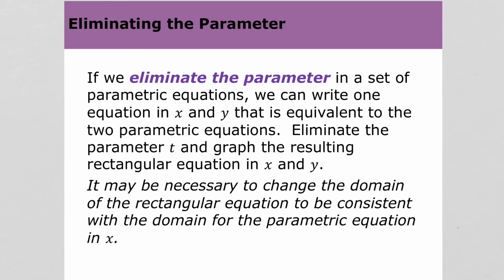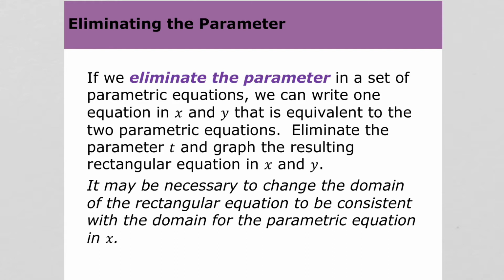Eliminating the parameter: if we eliminate the parameter in a set of parametric equations, we can write one equation in x and y that is equivalent to the two parametric equations. So we're just going backwards here, taking our two equations and changing them back into one, eliminating the parameter t and resulting in one rectangular equation in x and y.